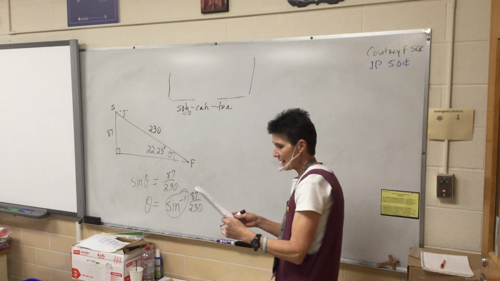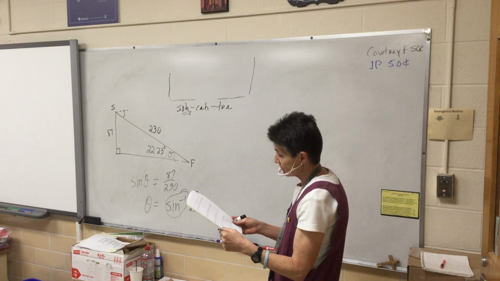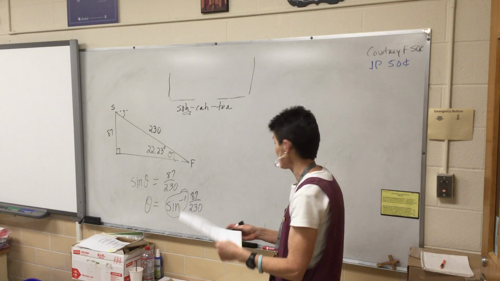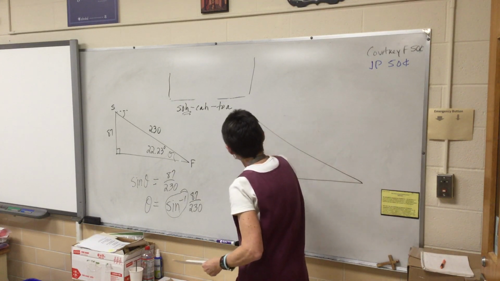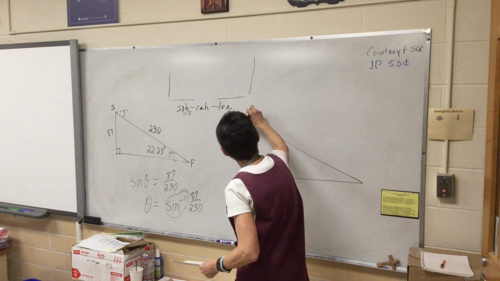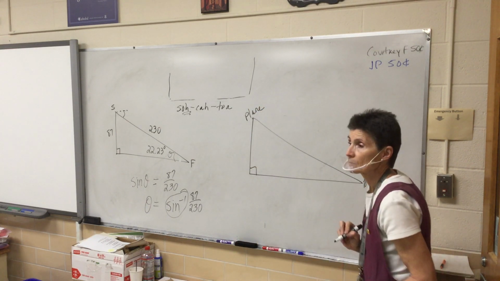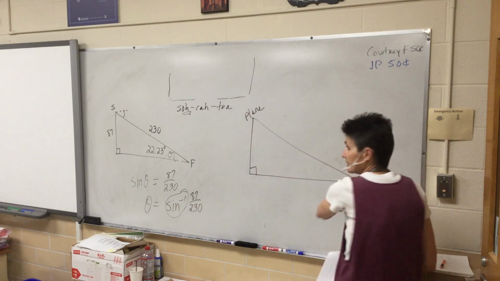How far is an airplane from the airport if it is currently 5,000 feet above the ground and the angle of depression to the airport is 17 degrees? Okay, so here's my plane, and here's the airport. The plane's coming in, he's going to land at the airport.